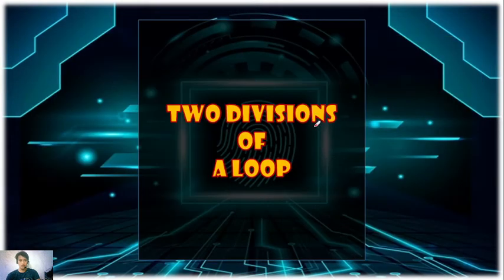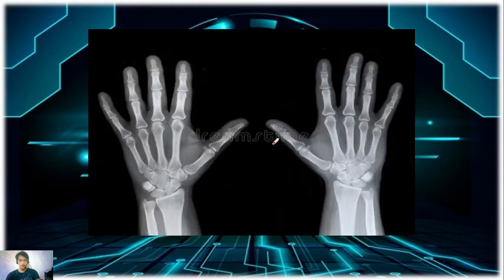Moving on, let's look at the two divisions of loop. Let's have this illustration first, the X-ray image of our hands. This is our left hand, and this is our right hand.